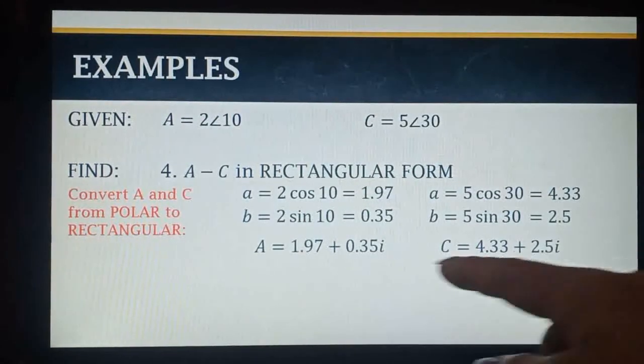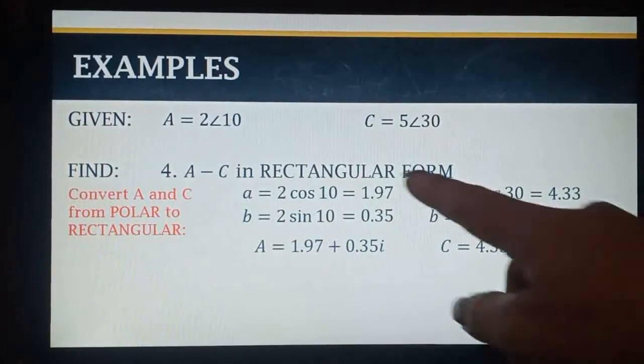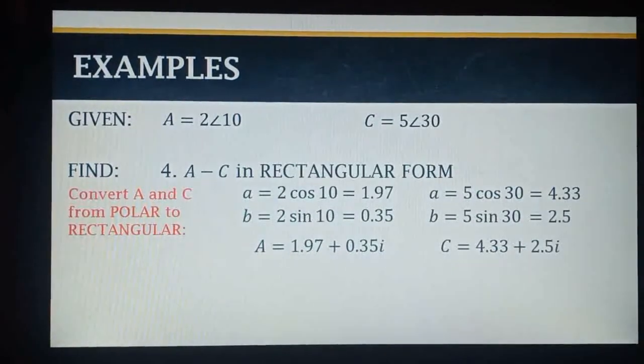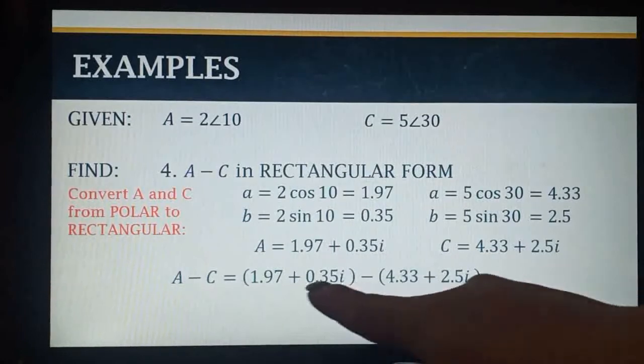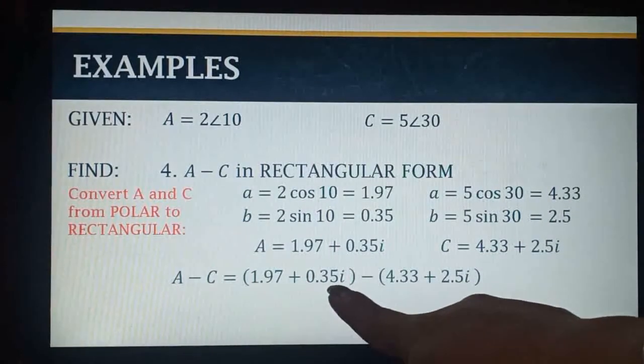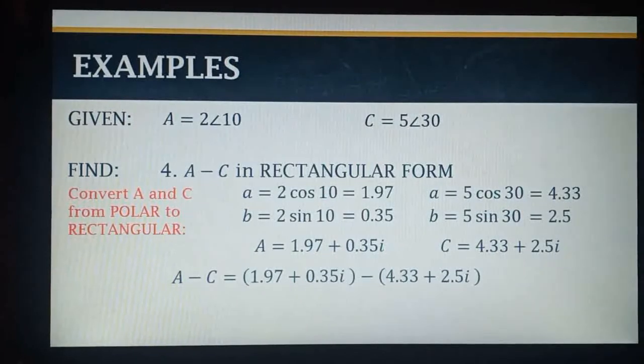Since you have A and C both in rectangular form, pwede na natin siyang isubtract. Then, ang kalalabasan na ni A minus C is already in rectangular form. So, subtracting the two components, you will have 1.97 plus 0.35i minus 4.33 plus 2.5i.